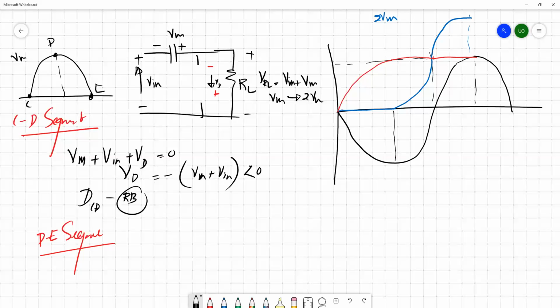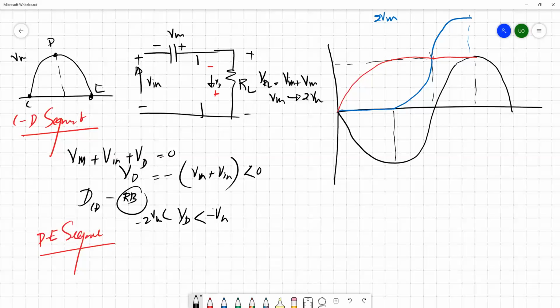So the voltage across the diode is in between minus Vm and minus 2 Vm. So then this is reverse bias.